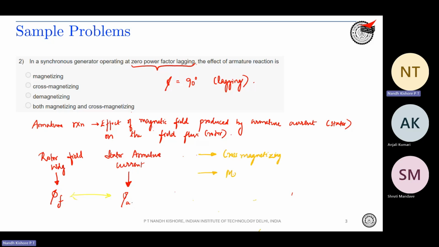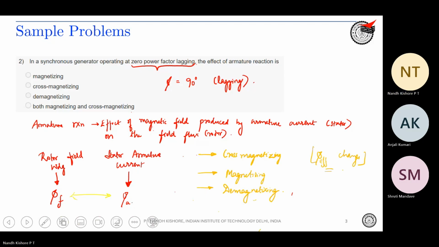The other one is magnetizing effect. The other one is demagnetizing effect. Based on this, your effective phi, let me call it phi effective, changes. So we have three effects due to armature reaction.